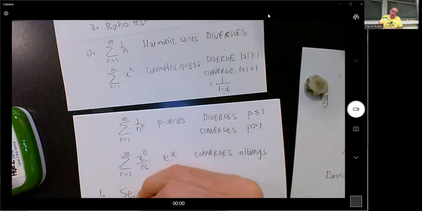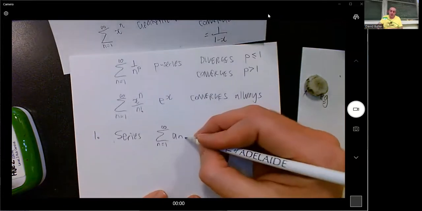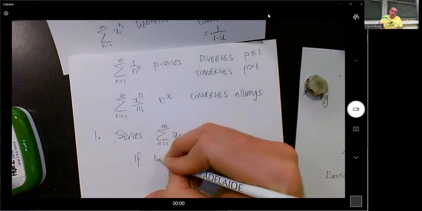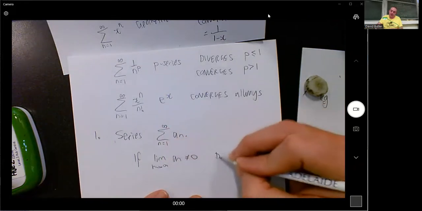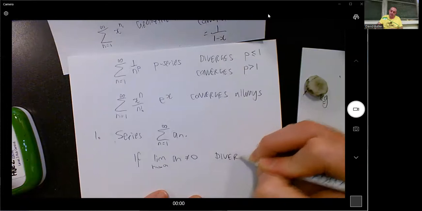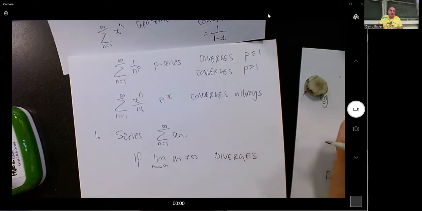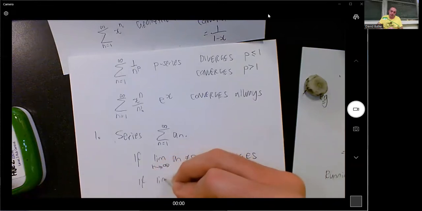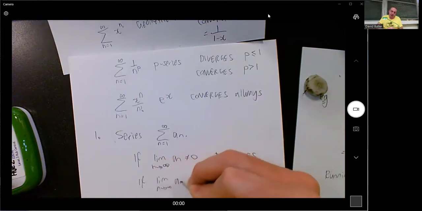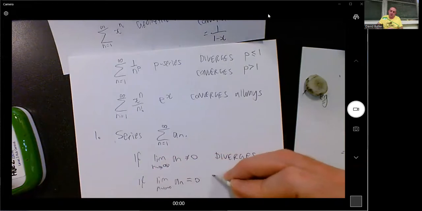So if you have a series which is n equals 1 to infinity or 0 to infinity, doesn't matter where it starts. If the limit as n goes to infinity of an is not 0, then it diverges. If the limit as n goes to infinity of an is 0, then we have no idea.